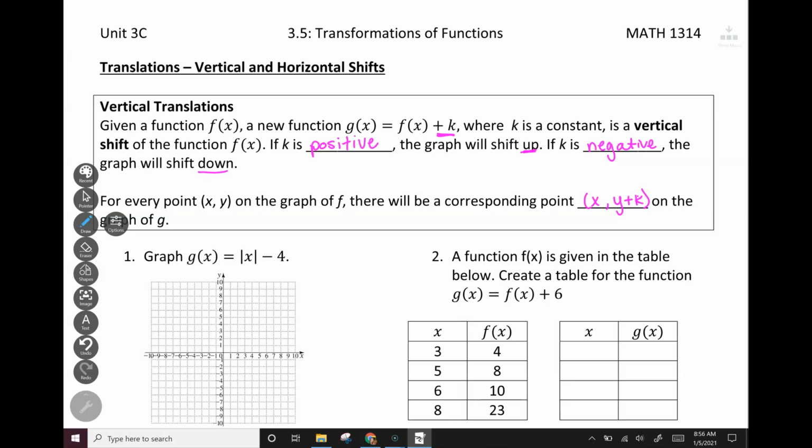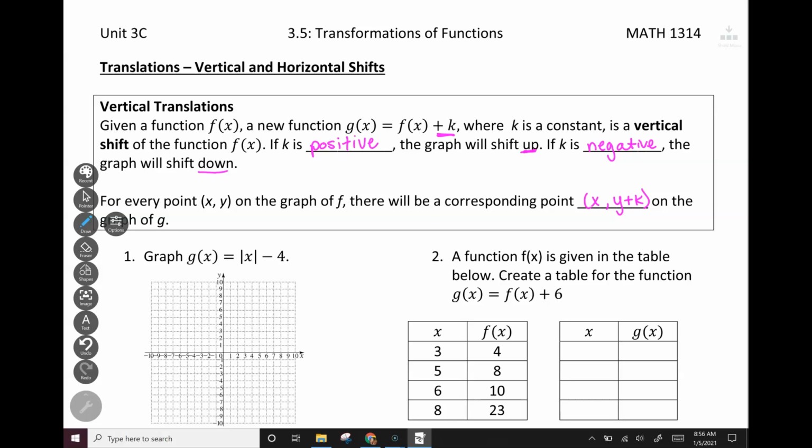But it's actually just going to affect the y values. The x's don't change, but those y values will get plus k added to them. So say k is a negative number, then it would be y minus that number. Then that's how the graph will change.